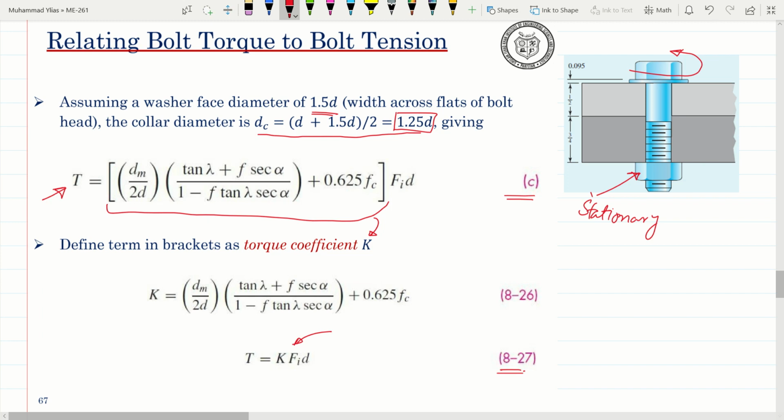It means that if we know the torque application capacity, we can find out the preload which will be generated, or if we know how much preload has to be generated in one bolt, we can determine the corresponding torque setting for the torque wrench.